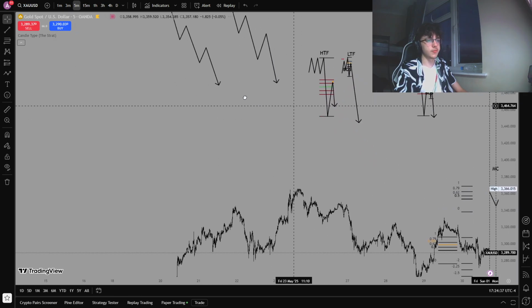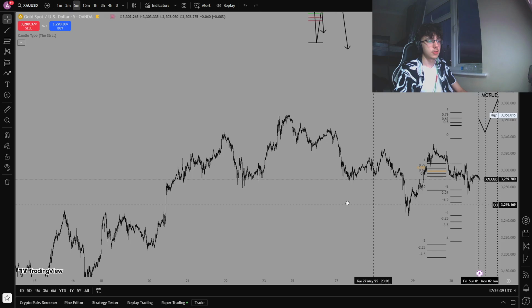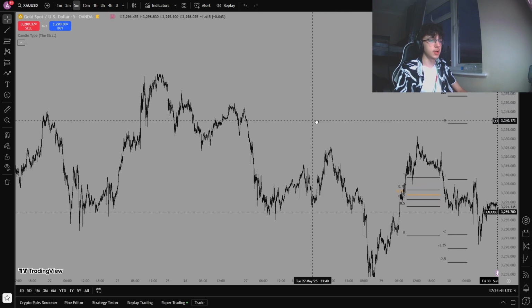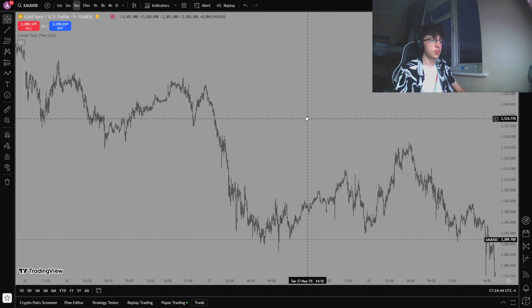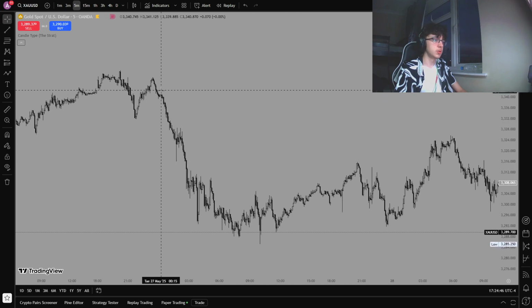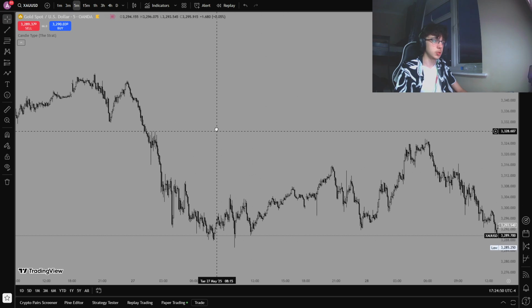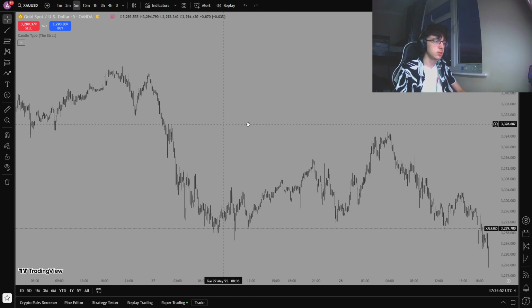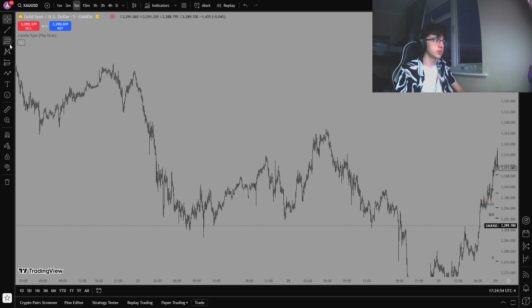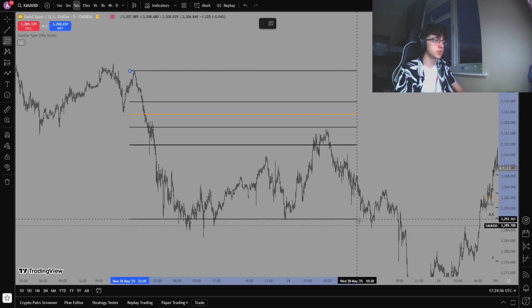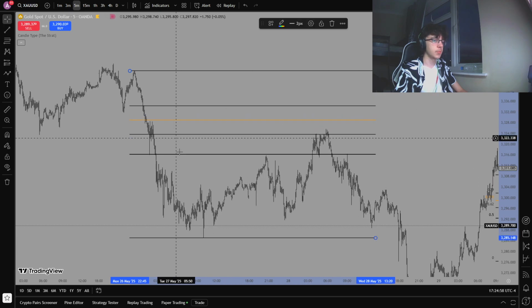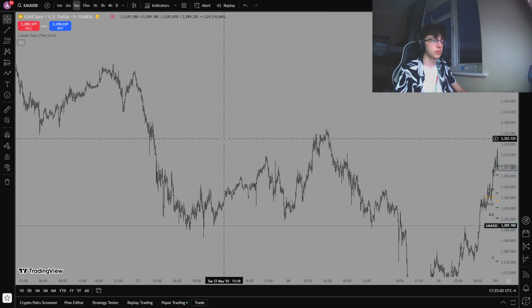Examples of this in the actual market, I can already see some. For example, here we had an unbalanced range where we did not touch into equilibrium at all during this distribution down. So eventually the market is going to come to this range, come into equilibrium and move lower.